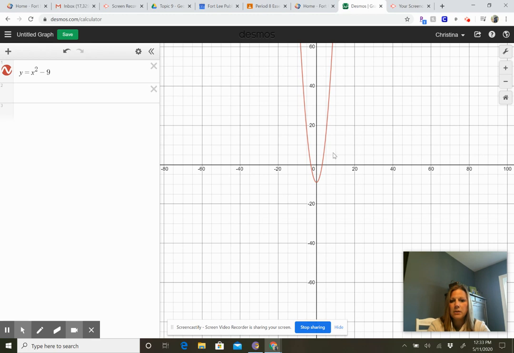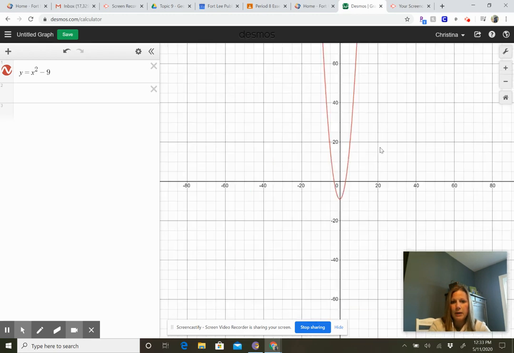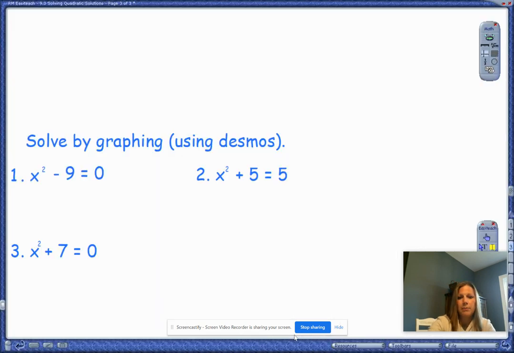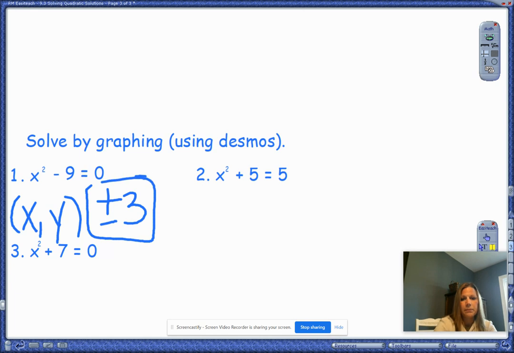This is where I cross my x-axis right here and right here. So I have two solutions. My solution is negative 3 and 3. Because the x value, remember the ordered pair, an ordered pair goes x and then y. So for this particular problem, my answer is positive or negative 3.